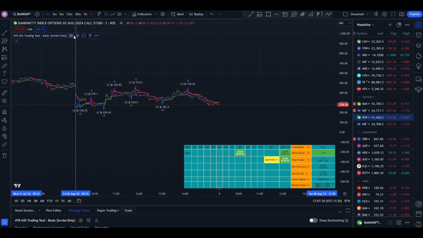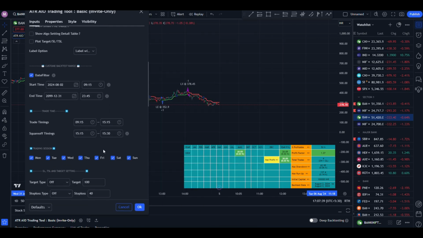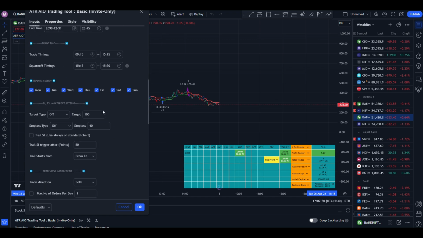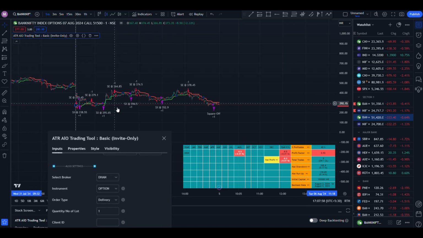Let me check 9:15. We are doing option buying only, so there are no further trades. Suppose you are trading option selling, so this is option selling. In option selling, if you set the same settings, you will get a loss of almost 9 points.